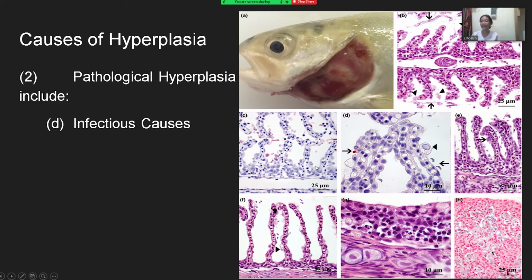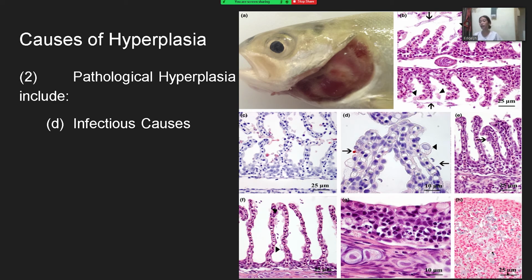So these are the things that cause hyperplasia in cells. For example, endometrial hyperplasia due to the excess production of estrogen. Another example is metabolic problems such as hypocalcemia, which can result in hyperplasia of the parathyroid glands.